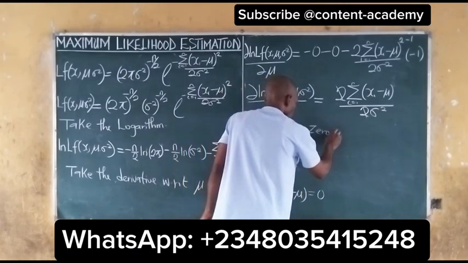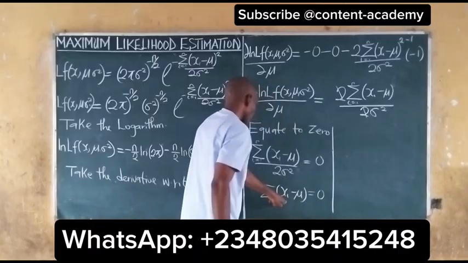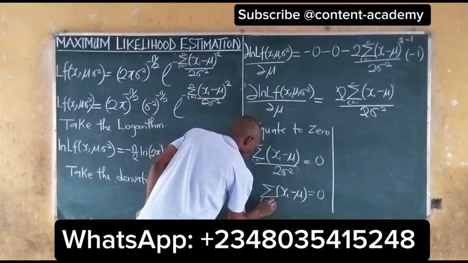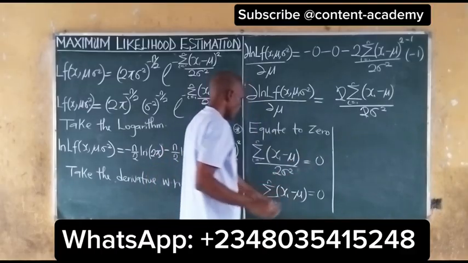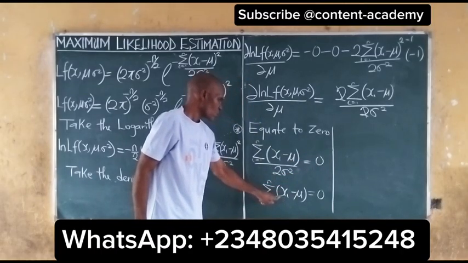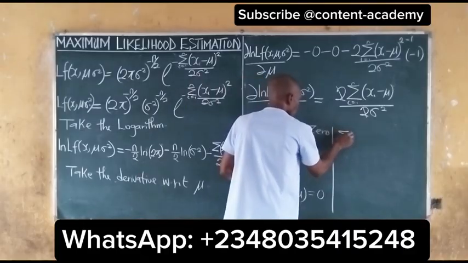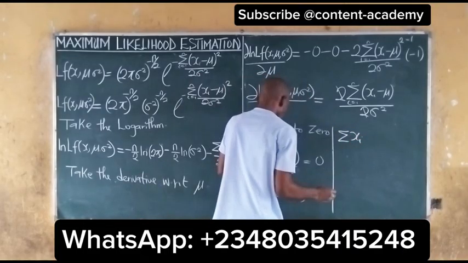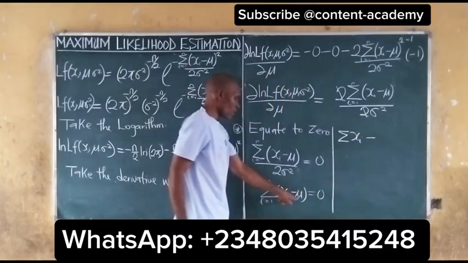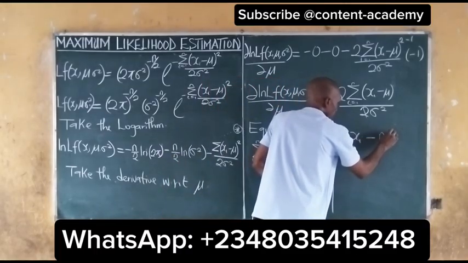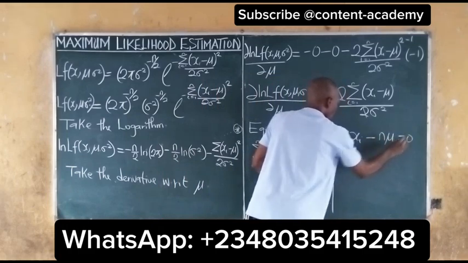Now we can get this here as i running from 1 to n. If you take the sum of this, we get summation of xi minus, if you take the sum of the constant, we get n times that constant, equal to 0.